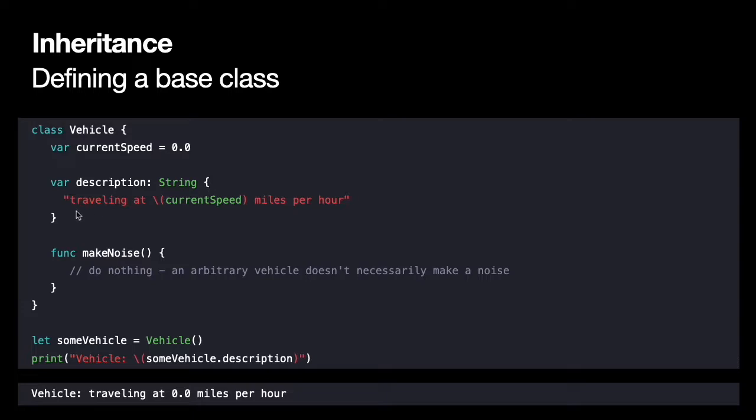Because the computed property is only one line, we do not need the return keyword. We have an instance method, makeNoise, and we do not have an implementation of makeNoise for the base class. And then we could instantiate an instance of the vehicle, and print out the vehicle's description.